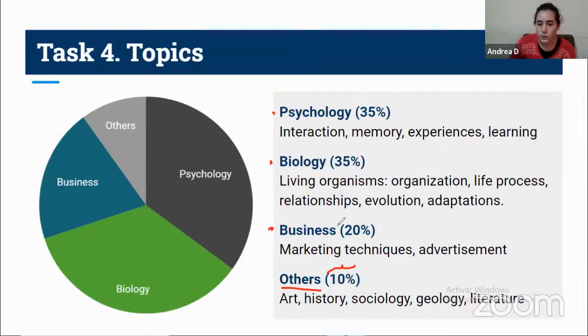So practice with those. Okay, it's not going to be anything too complicated. I think we talked about this. Psychology is just how our mind works, biology, animals and plants. In business, it's mostly advertisement and marketing. So is this okay here? Any questions now?